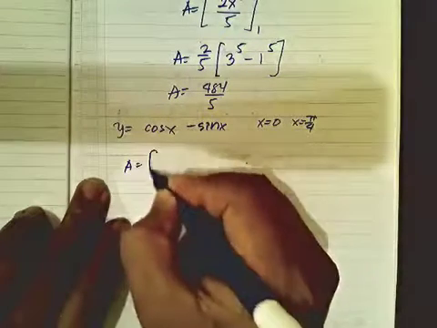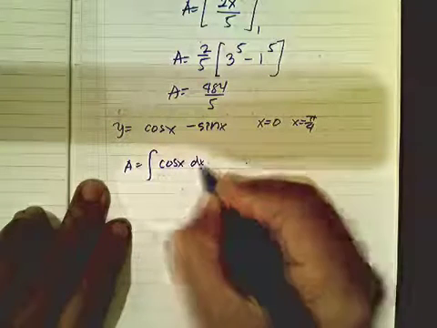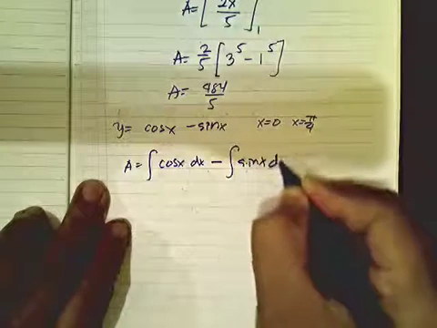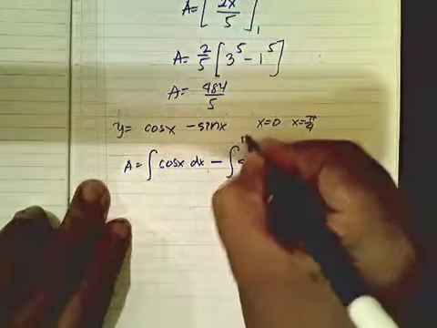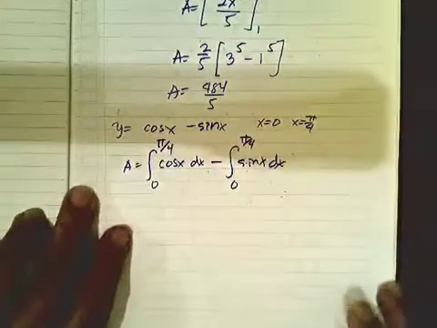So that area is equal to the integral of cosine x dx minus the integral of sine x dx, and that is from 0 to pi over 4.